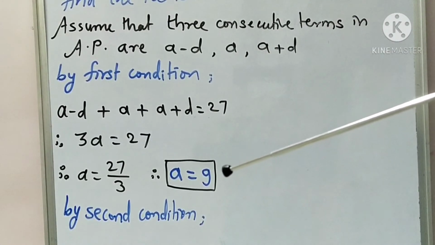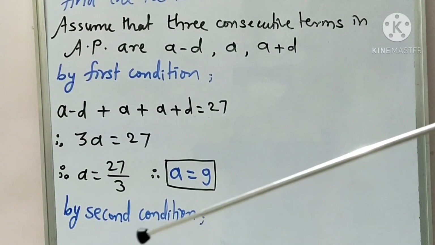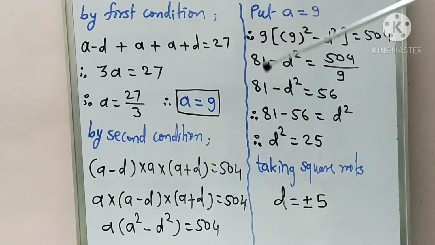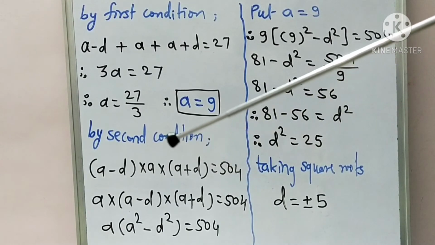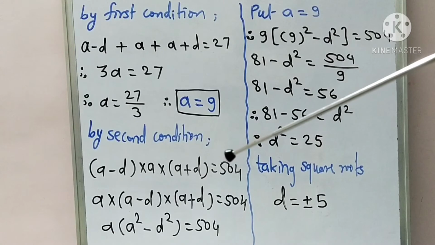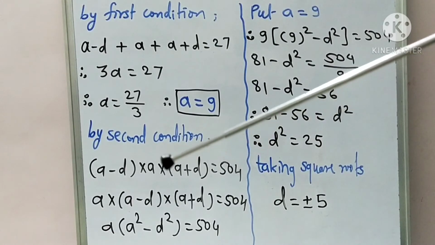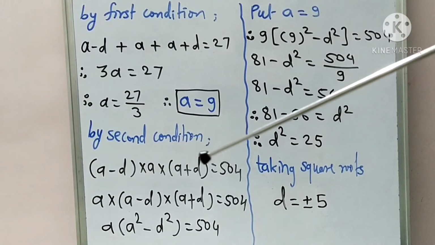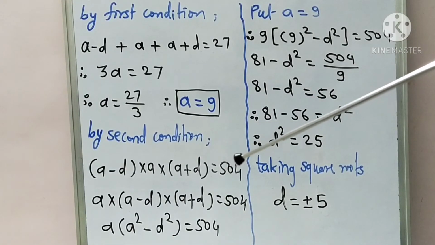Now we use the second condition to find the value of d. Pay attention here, students. The product of the three terms is 504, so a minus d into a into a plus d equals 504.